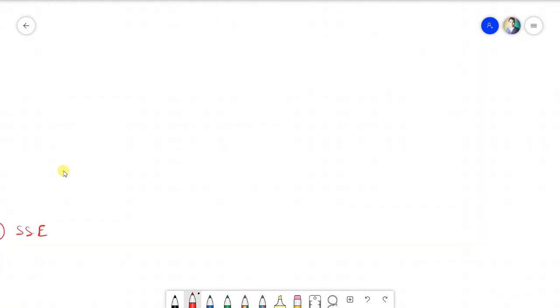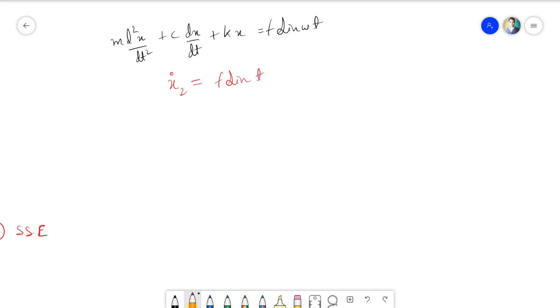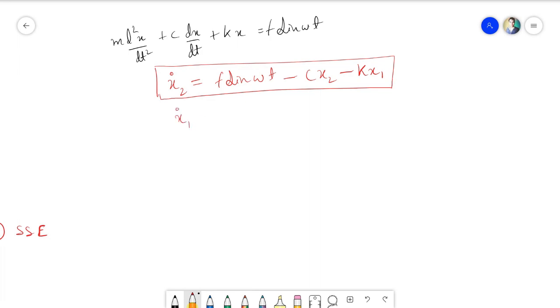So now what we get is, for m d square x by dt square plus c dx by dt plus kx is equal to f sin omega t, the state space equations are x2 dot is equal to f sin omega t minus cx2 minus kx1, and the second one is x1 dot is equal to x2.